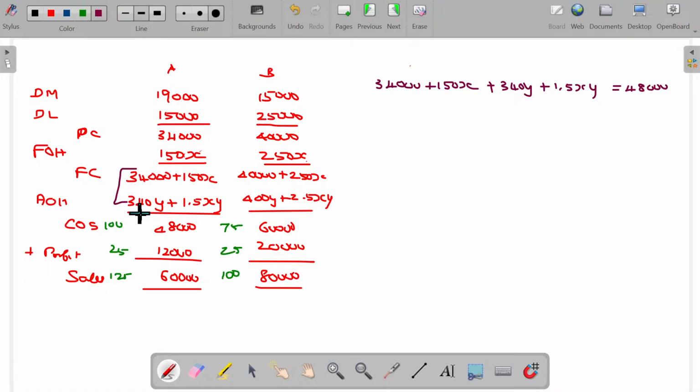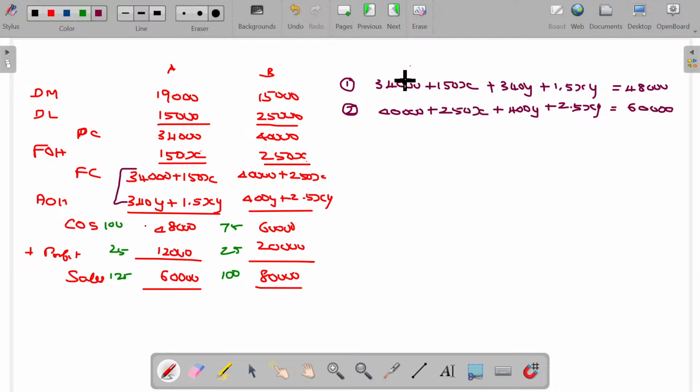These two added to get this value. Similarly, this may be equation number 1. In case of equation number 2, 40,000 plus 250x plus 400y plus 2.5xy is equal to 60,000.